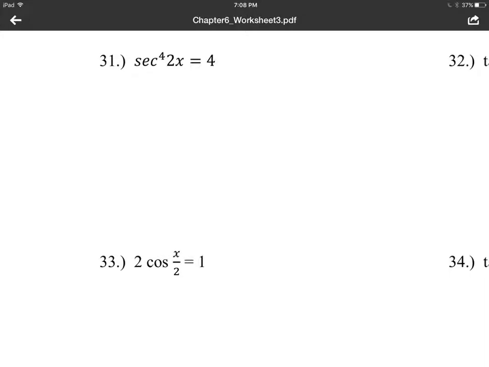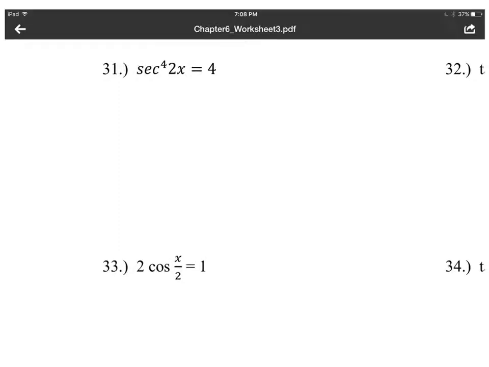Okay, in this problem here, we have a 4th power of secant of 2x. So what we first want to do is square root this. So if I square root this, I'm going to have secant squared of 2x equals plus or minus 2. So I'm essentially thinking of 2 different scenarios.